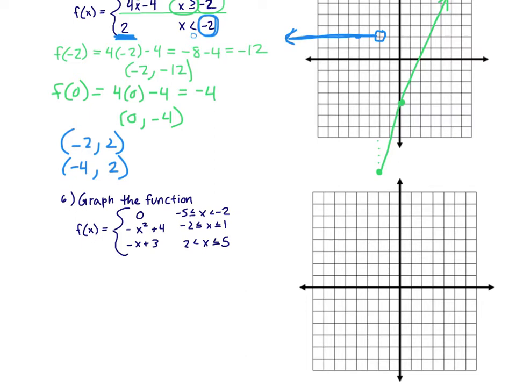So on our graph, we're going to have a flat line at 0 from -5 to -2. So we're going to go to the left 5. We put a closed circle there since this is less than or equal to. But we're going to end it with an open circle since it's just less than. So then at -2, we have an open circle and we have a constant there, so it's just a flat line.